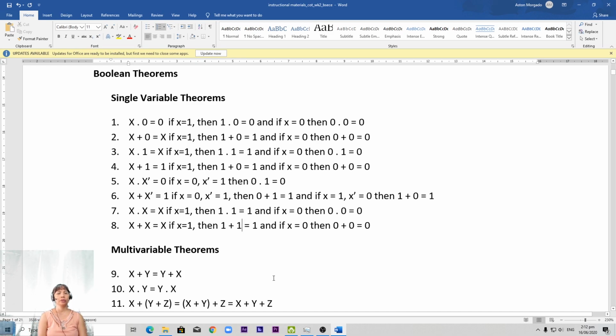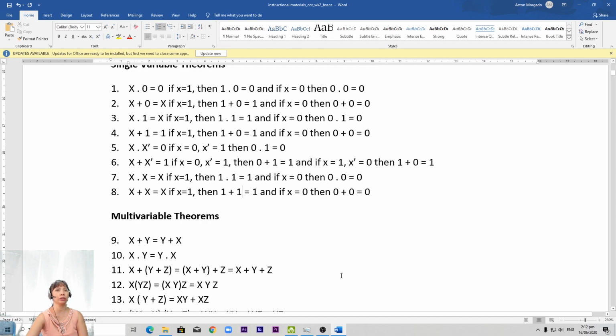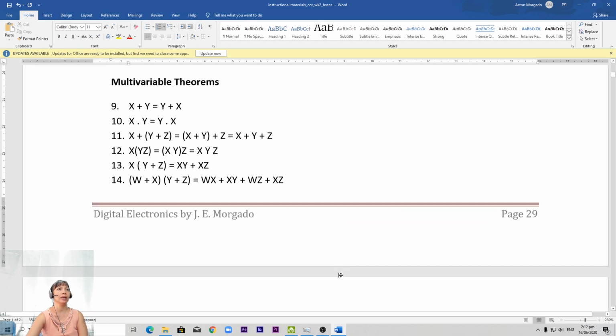So I hope you don't get confused. Let's proceed to multivariable theorems. For multivariable, we now have two variables, x and y. So 9 and 10 have the algebraic property.